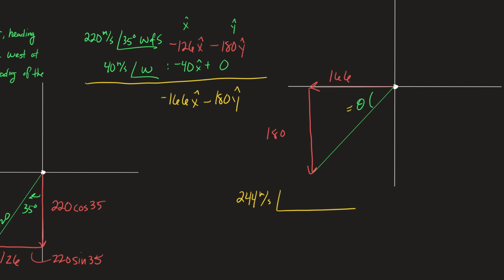So I heard somebody say it out loud too. 47 degrees. So 47 degrees. And I have to give proper reference. This is starting facing west and turning towards the south. So I am south of west.